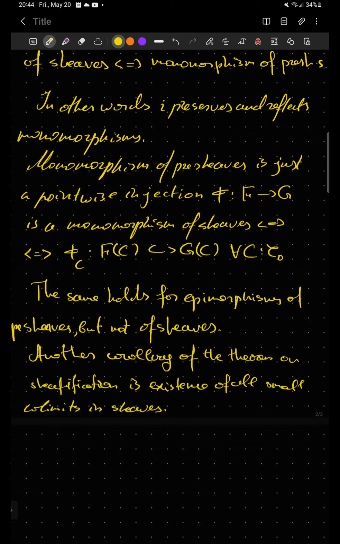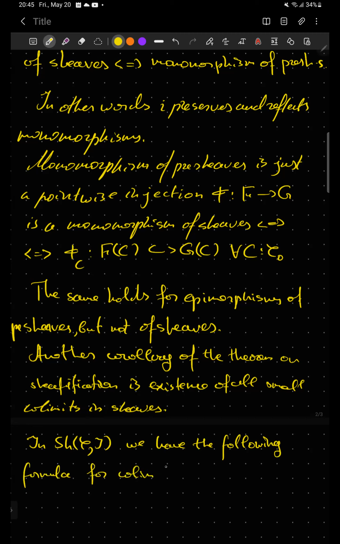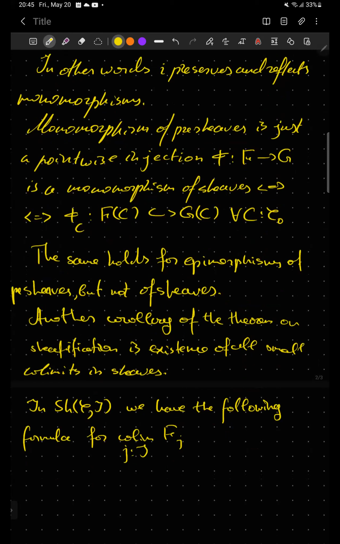So in sheaves on a site, we have the following formula. For a colimit of sheaves, it's just isomorphic to the sheafification functor applied to the colimit of pre-sheaves.